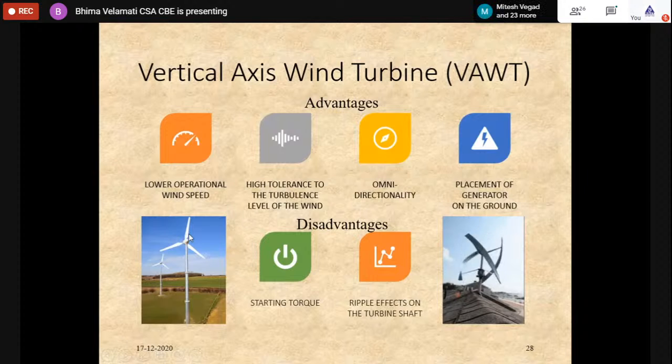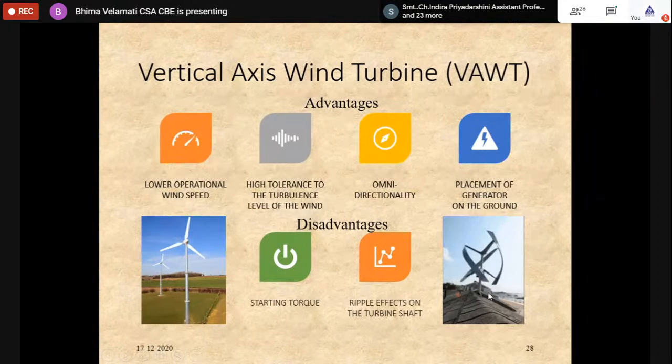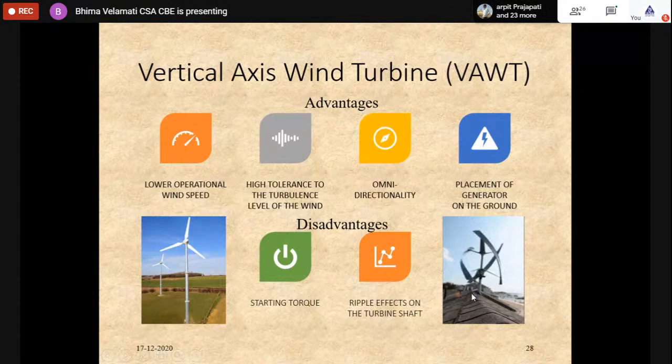If I have a turbine with radius 300 meters, obviously my structure would be as high as 500 meters, so I have to raise the whole generator to the top, very close to the turbine. Whereas for vertical axis, I can place the generator at the ground or at the sea level.